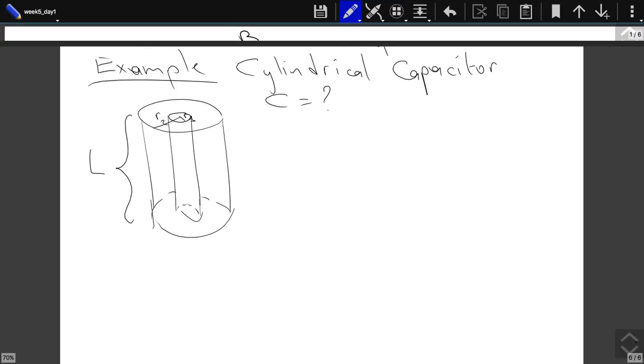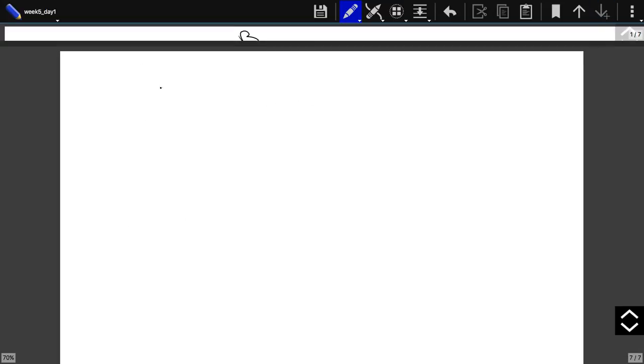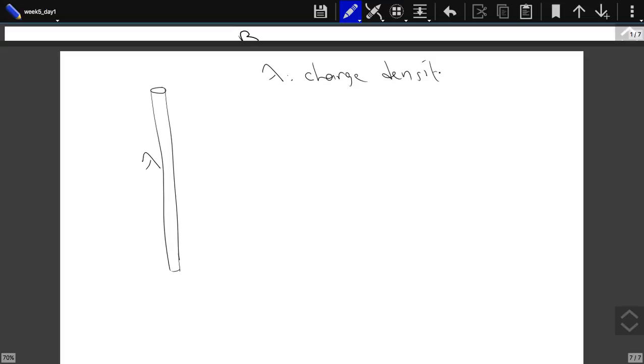So what is the electric field created by an infinite cylinder? Let's just assume we have this infinite cylinder with charge density lambda. Let's say it has a radius R1.